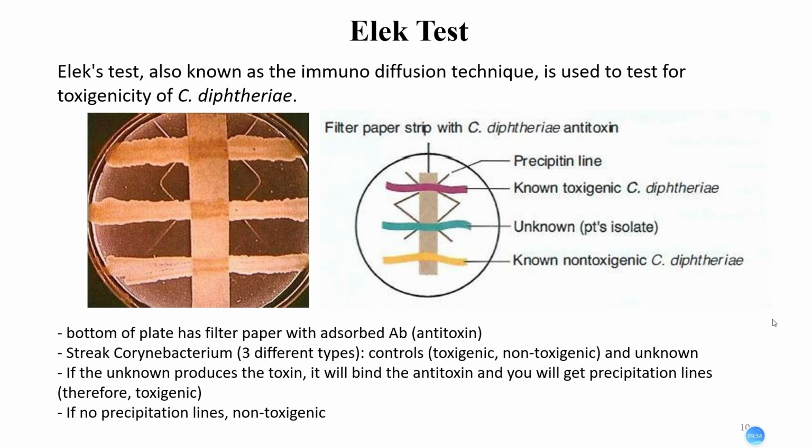And this is the unknown patient's isolate, and you can also see the precipitating line, so you know this patient's isolate is toxigenic. So that's the Elek test. You want to understand how it works, and if you have some question on this test, you would be able to interpret the results.